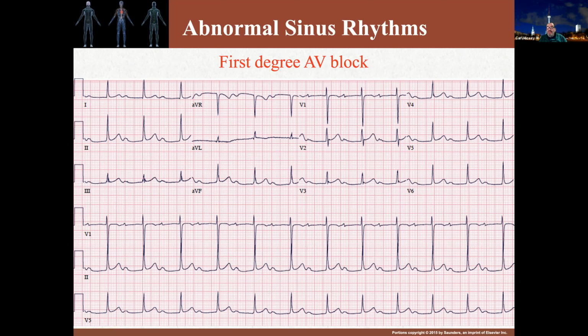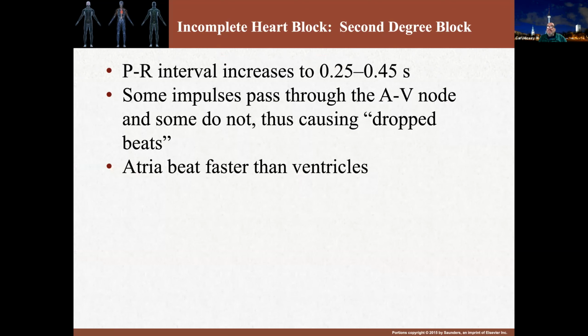Two boxes. In a second degree AV block, this is similar to a first degree AV block. Again, an impairment in the conduction of the impulse from the atrium to the ventricle. And it occurs when more than one impulse fails to reach the ventricle.